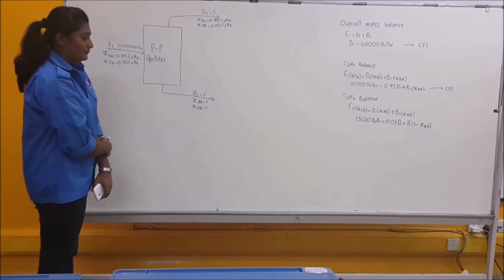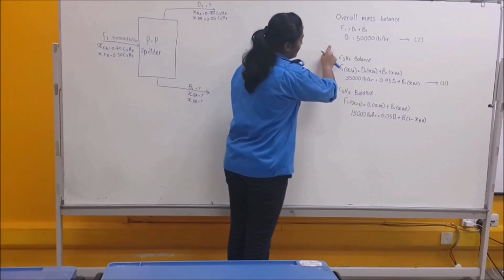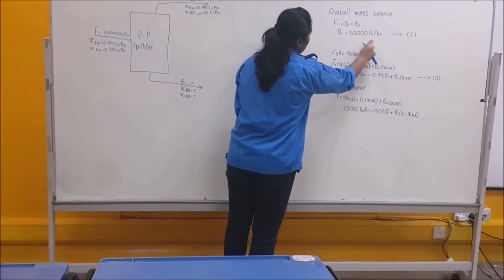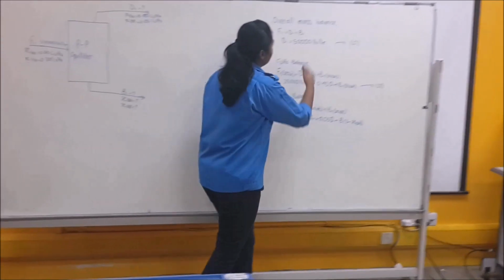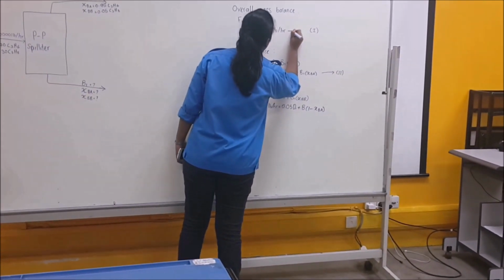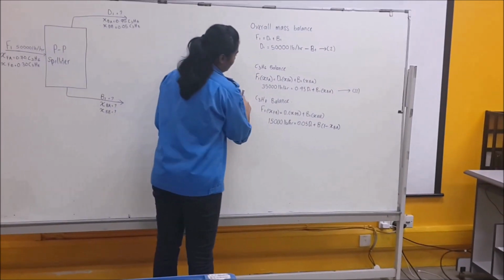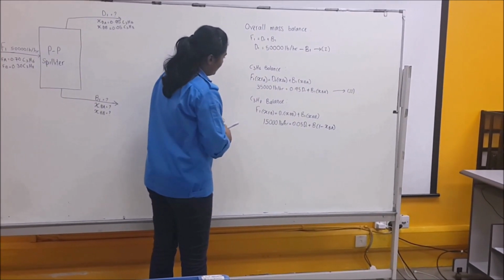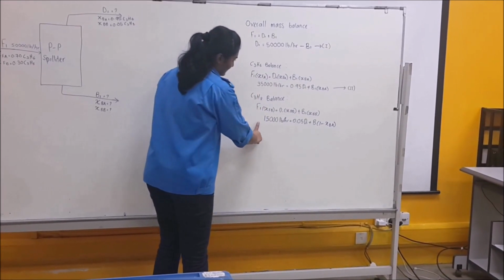So this is the overall mass balance. This is the first equation, and this is the propylene balance, and this is the propane balance.